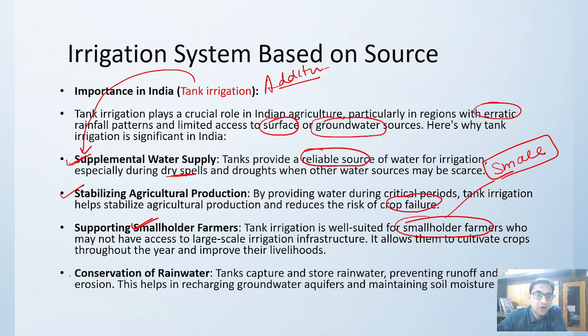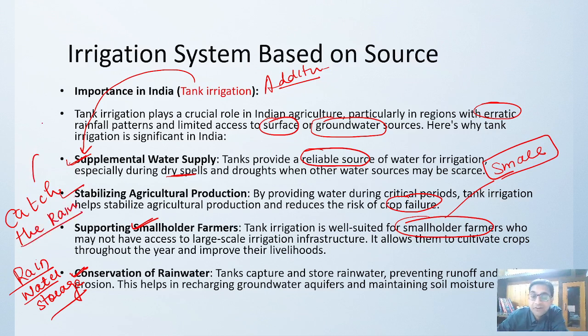Then conservation of rainfall, because this is a rainwater storage system. So we are calling it the concept of catch the rain, wherever it falls. The tank will help us in following this campaign of rainwater storage.